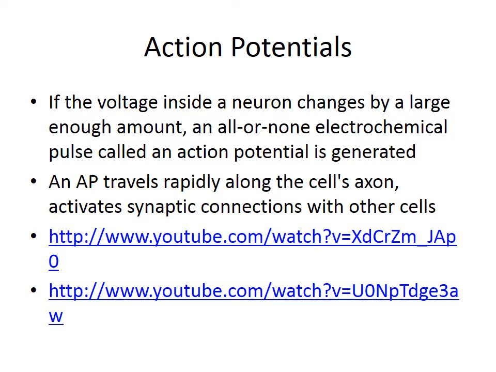If the voltage inside a neuron changes by a large enough amount, an all-or-none electrochemical pulse called an action potential is generated. An action potential travels rapidly along the cell's axon and activates synaptic connections with other cells. That is the main idea of what a neuron's function is.